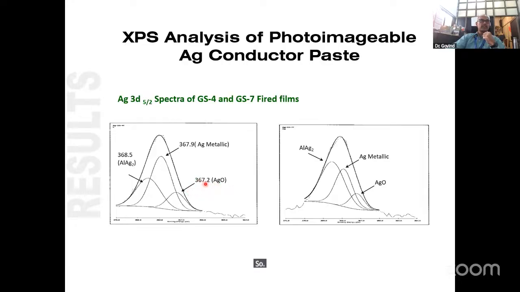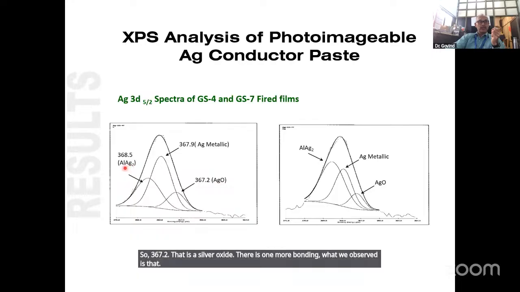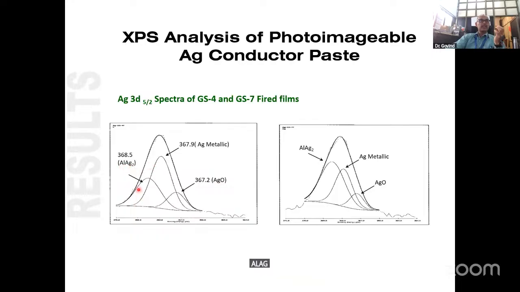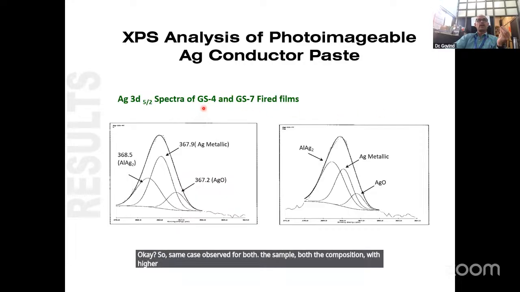So 367.2 is a silver oxide. There is one more bonding we observed, AlAg2, related to its binding with the Al2O3 substrate. The same case was observed for both compositions, with higher polymer content and with lower polymer content.